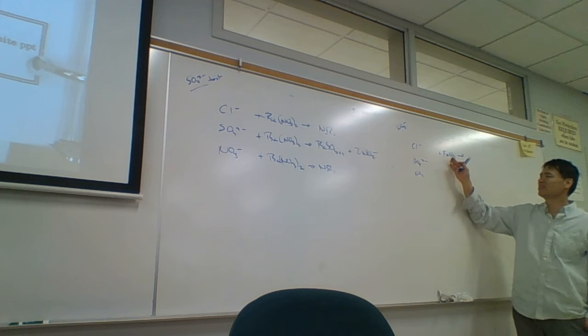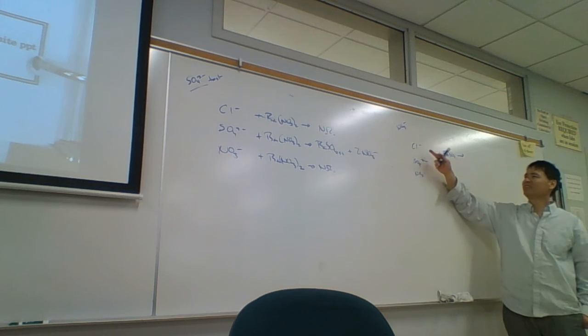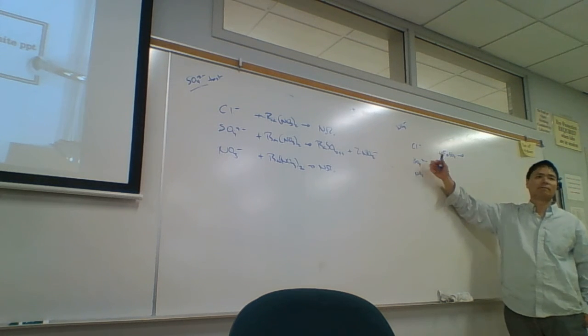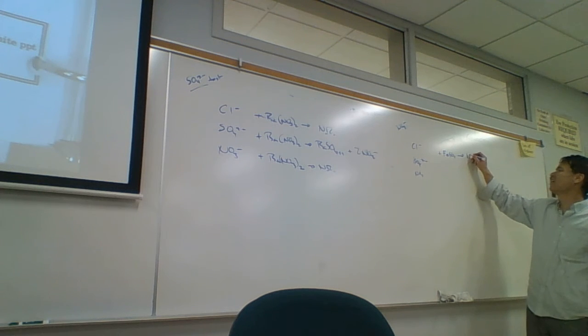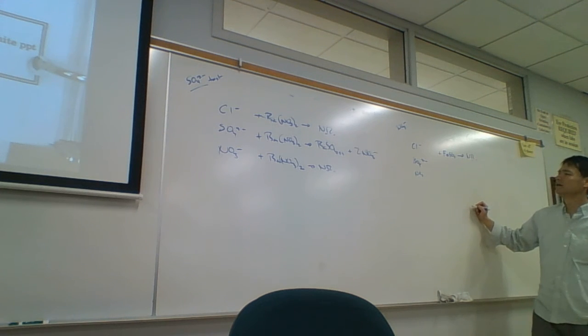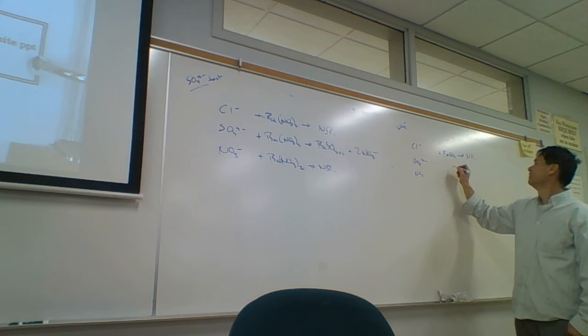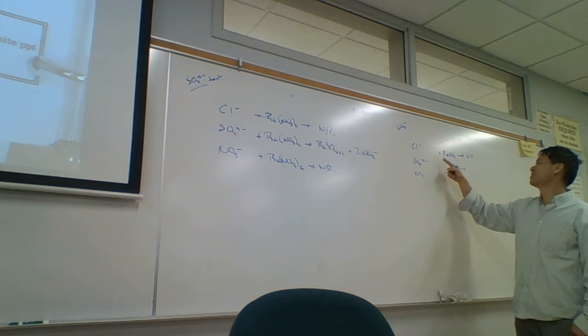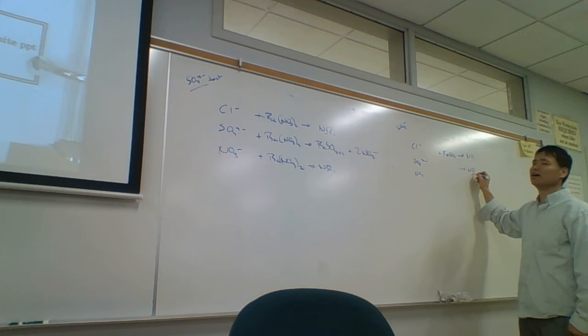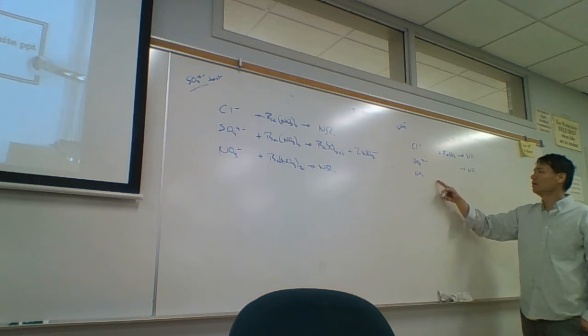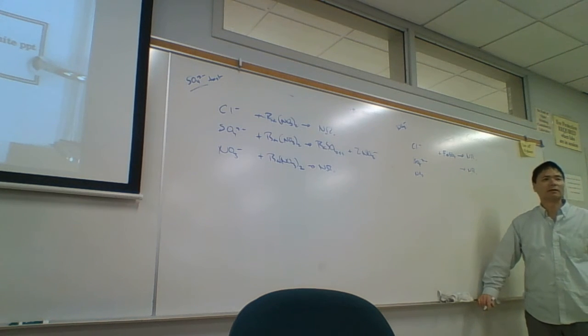And so this is not a precipitate. Will iron precipitate out with chloride? No. And so this is NR, no reaction here. How about here? Here, sulfate and sulfate, there's going to be NR here. Here, there appears to be NR, right?